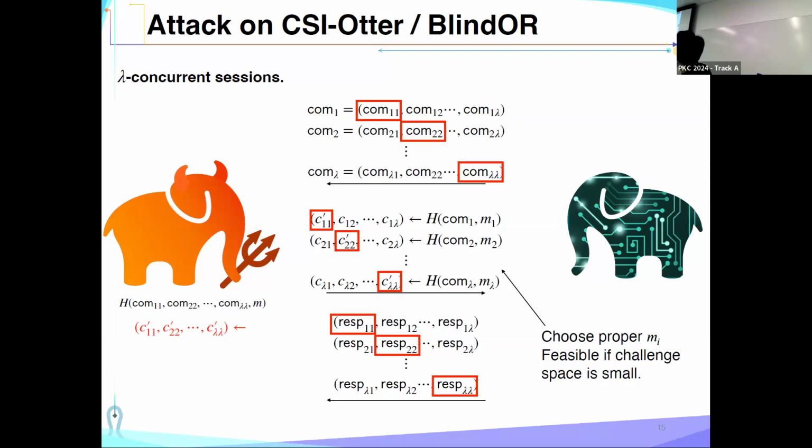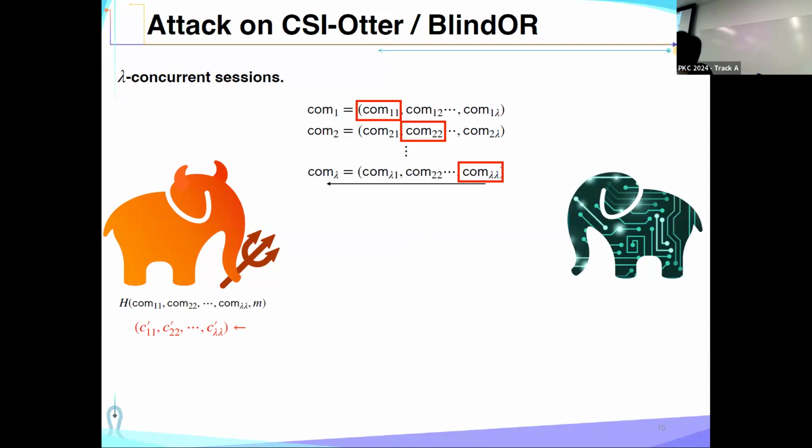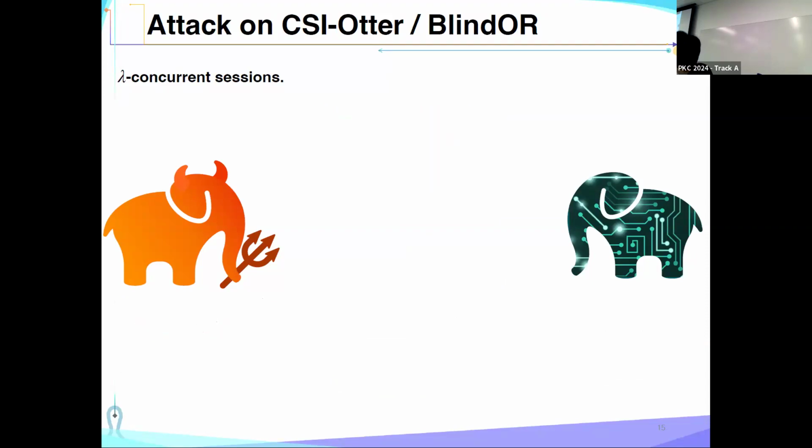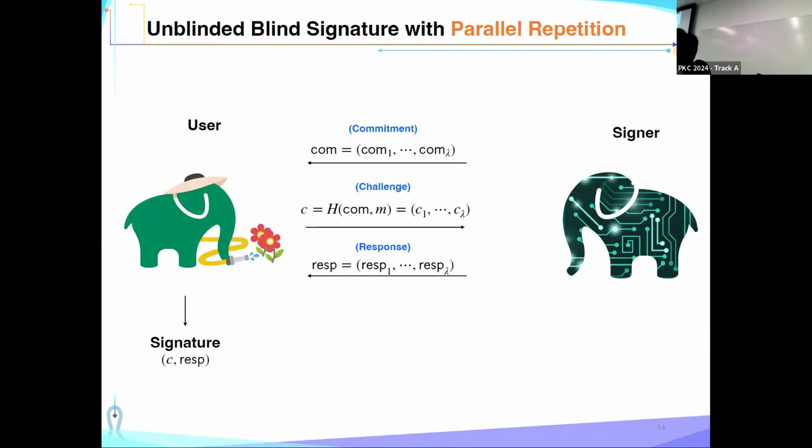Sorry, you say still. Go one more, maybe one back. Okay, yeah, here. It's good. So suppose your commitment here is this vector minus one bit of each com1 to com lambda. And now your challenge would be a hash of the brute forcing of the different coms, right?